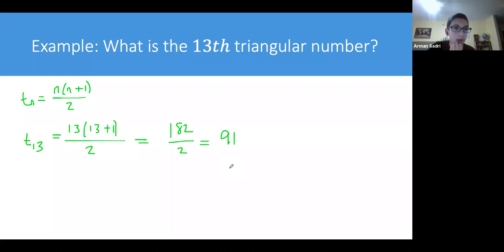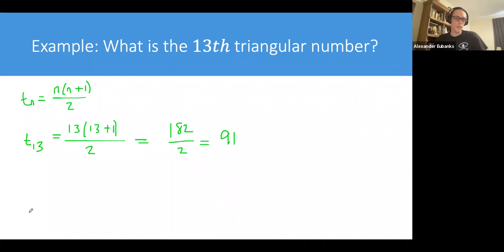So 0 plus 1 is 1, 1 plus 2 is 3, and you go up until you get to the 13th one, which is 78. So I think you're off by 1, because if I take 91 and I subtract 13, I get 78. I think what happened is you said you start by 0, and actually we don't, we start by 1. Does that make sense?